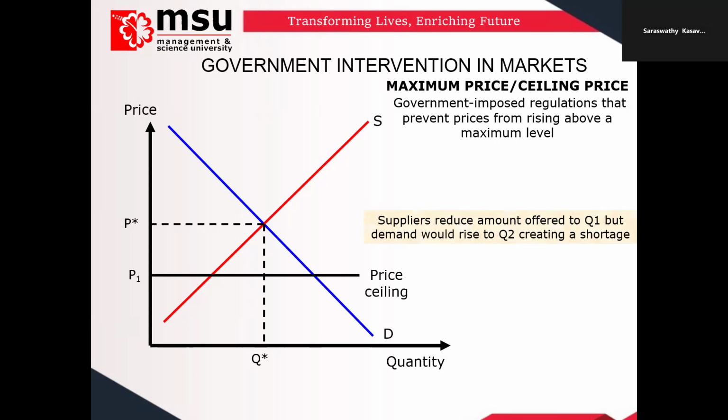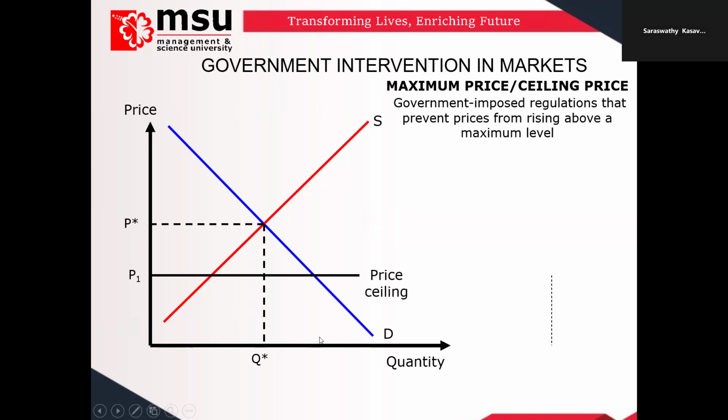The suppliers reduce the amount to Q1, but the demand rises to Q2, creating a shortage. If you see here, the supply is smaller compared to the demand.